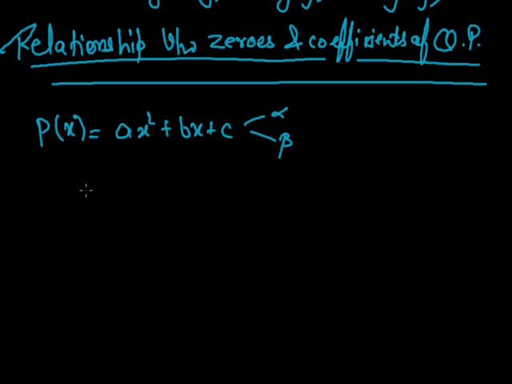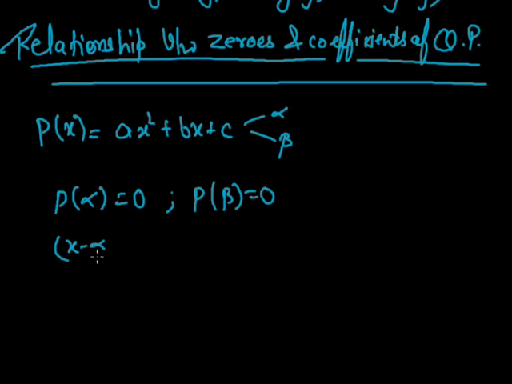To understand it, let us take two zeros of the given quadratic polynomial, that is alpha and beta. As alpha and beta are zeros of the given quadratic polynomial, at alpha the value of the polynomial becomes 0, and at beta this is also 0. If alpha and beta are zeros of the given polynomial, then x minus alpha and x minus beta are the factors of the given polynomial, as you studied in the factor theorem.